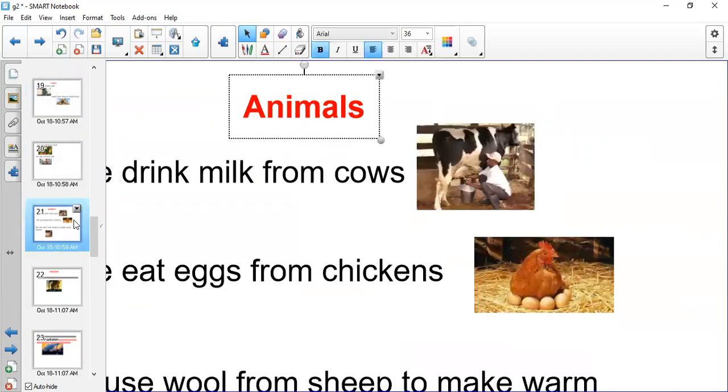The last example of a natural resource in our lesson today is animals. Animals are also natural resources that are found in nature. They are used by people because we get meat and milk from cows. We get eggs from chicken, and we get wool from sheep to make clothes.